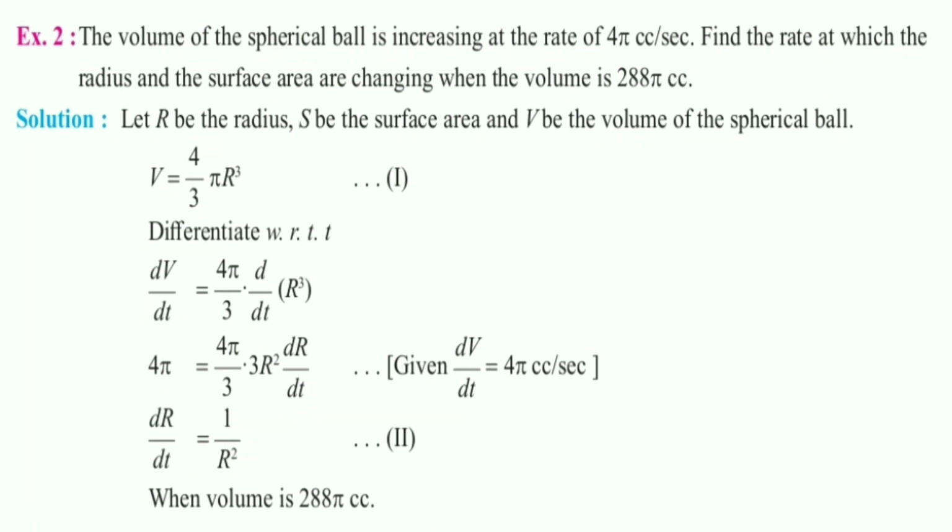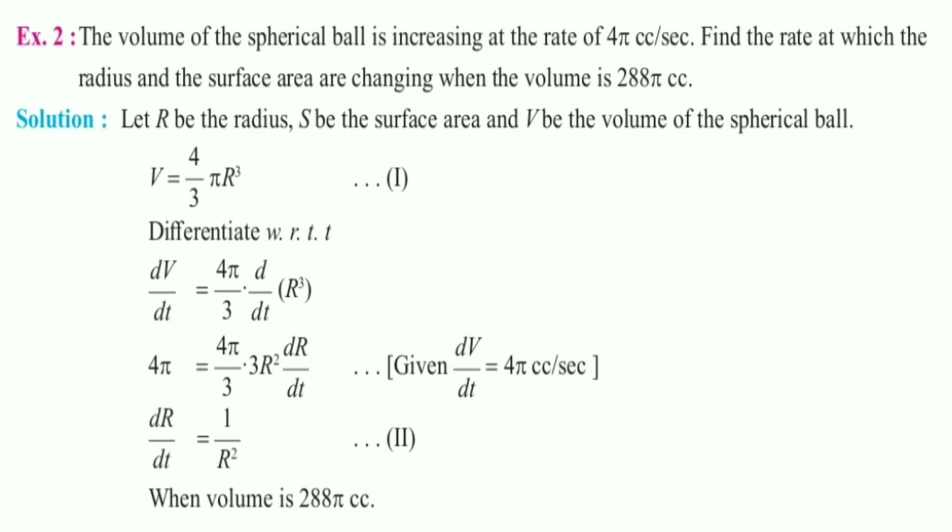We know the formula V equals 4 upon 3 pi r cube. Now differentiate with respect to t, we get dV upon dt equals 4 pi upon 3 into derivative of r cube, and derivative of r cube is 3 r square into dr upon dt.